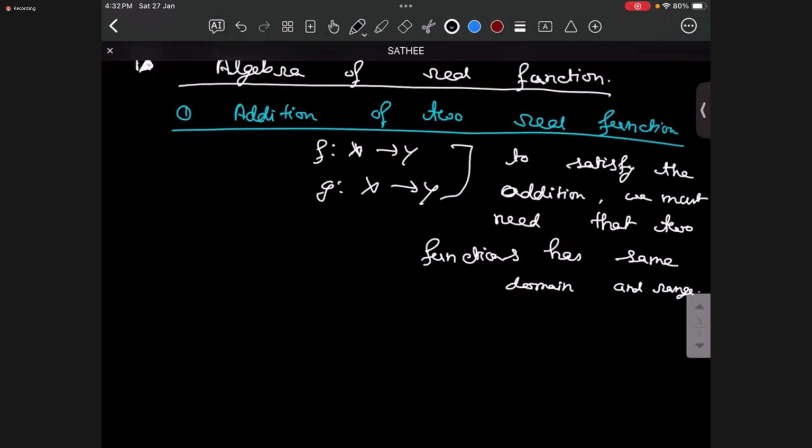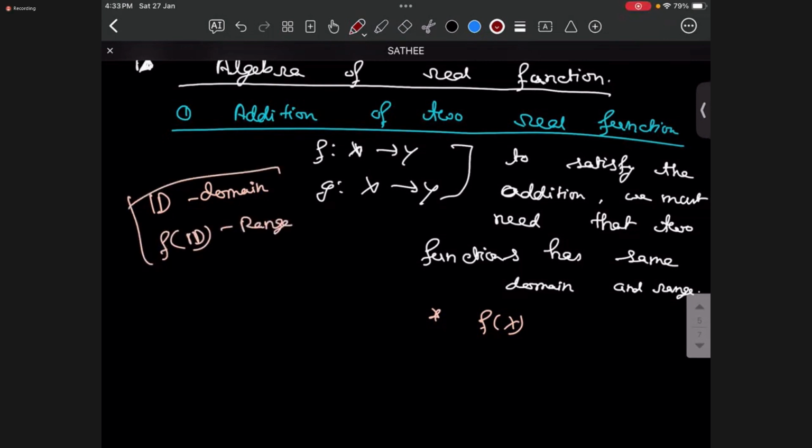Note the thing. The range can be denoted like this: f of capital X, where capital X means the domain. If D is the domain, we can denote the range by f of D. This denotes the function range.